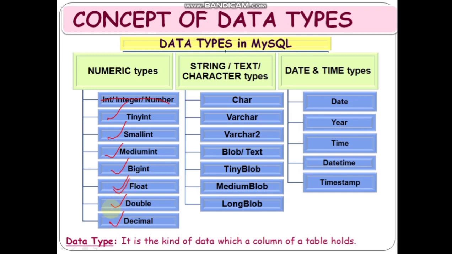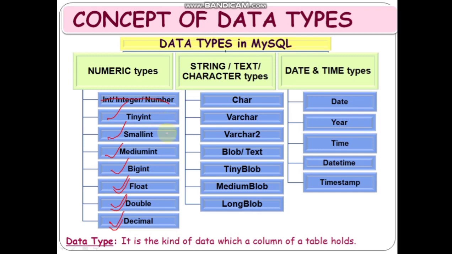Now, float, double and decimal, these three hold data which are of floating point numbers, that is which has a decimal point in it. For example, if we take a number 32, so only 32 can be considered as integer or number.